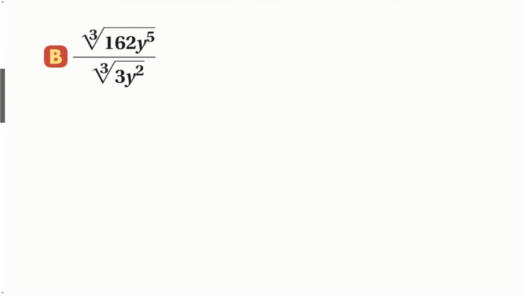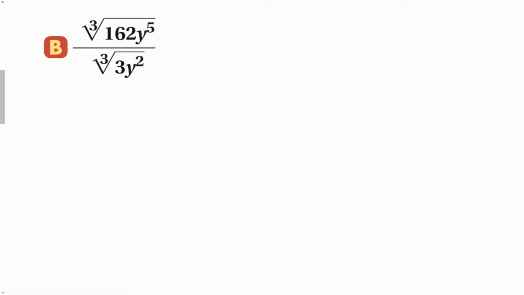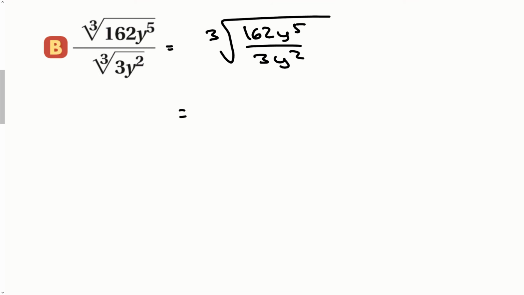Let's try another one. Both cube roots. Let's put them together first. So that becomes the cube root of 162y to the 5th over 3y squared. 162 divided by 3 is 54. Y to the 3rd, and 54, we just saw that in a previous problem.